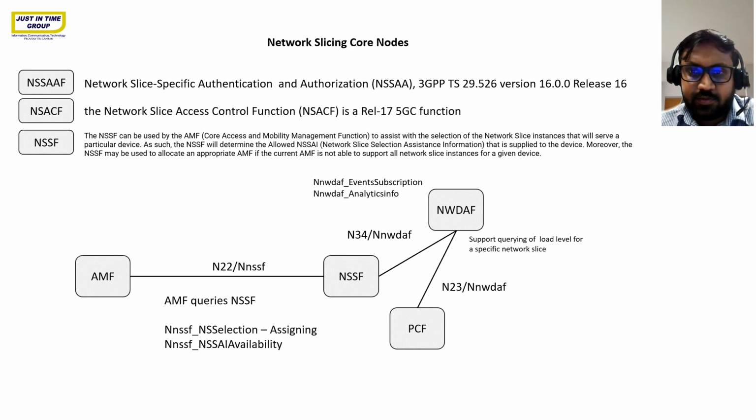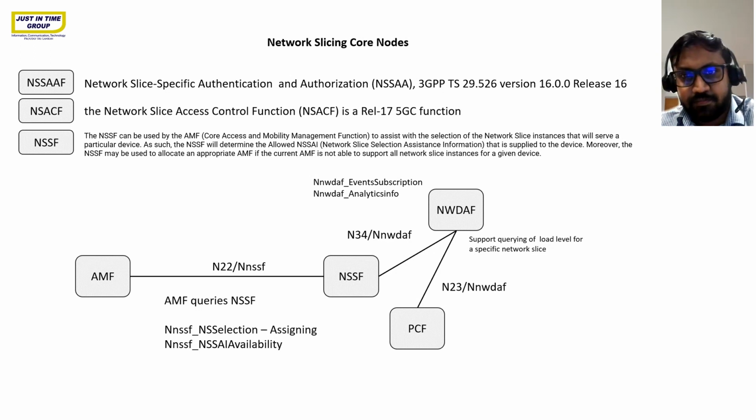The other network function is the network data analytics function, which is not directly related to network slicing, but was defined in 3GPP release 16. It provides S-NSSAI analytics, and it is the entry point for AI related tasks in the 5G core network itself. The NWDAF can query for slice load levels, slice QoE measurements, subscribe to slice specific notifications, and provide periodic updates or anomaly alerts.